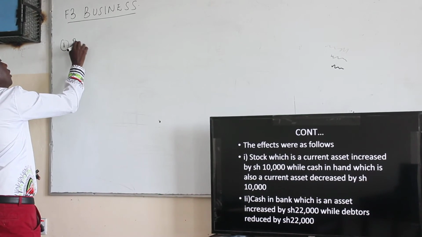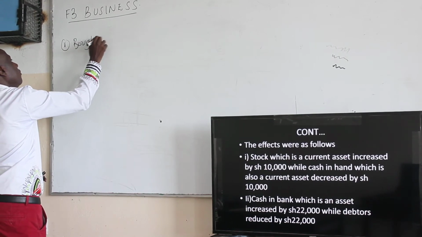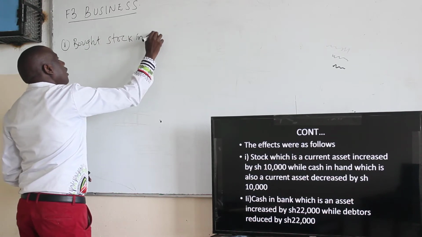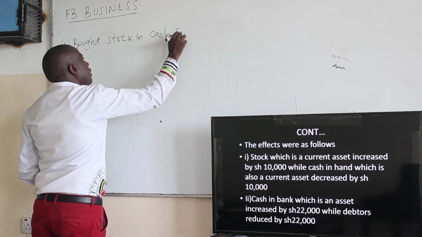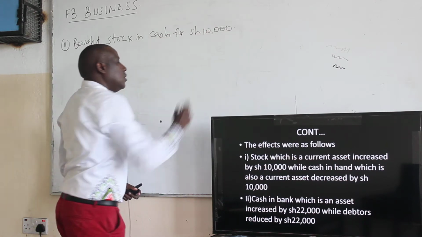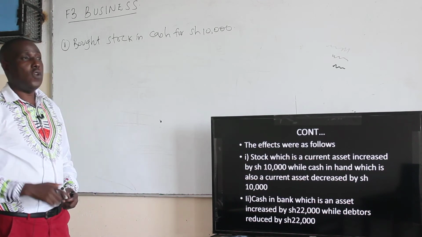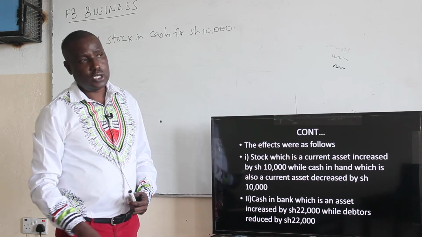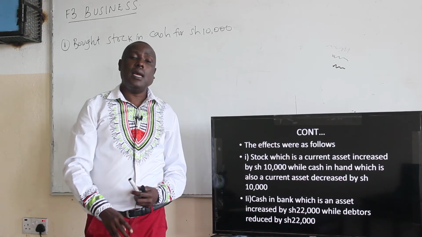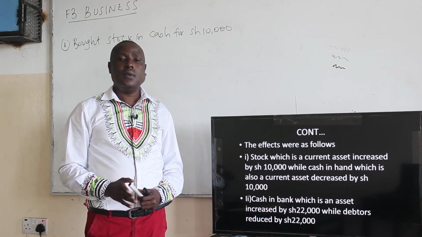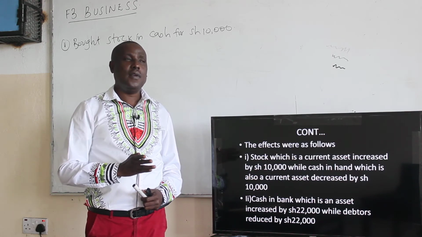Bought stock in cash for 10,000 shillings. So you have to ask yourself, those items in the balance sheet, which ones are being affected? Which one is increasing and which one is decreasing?